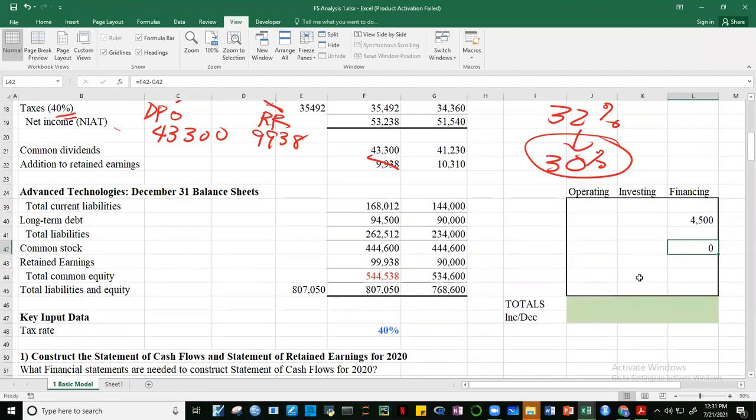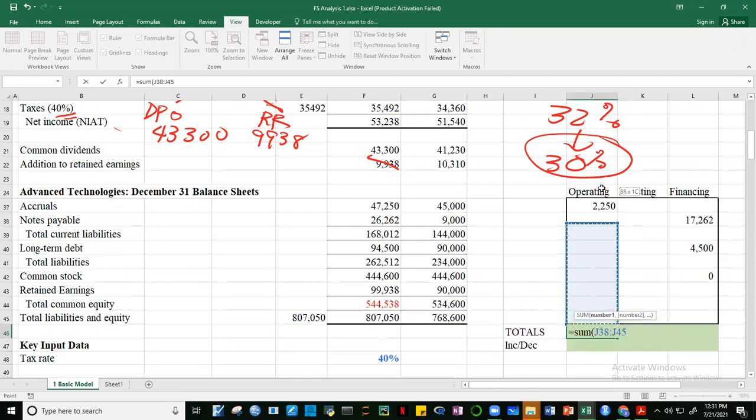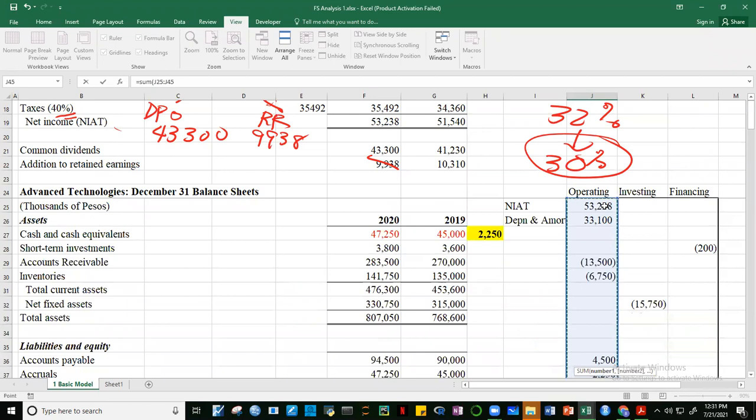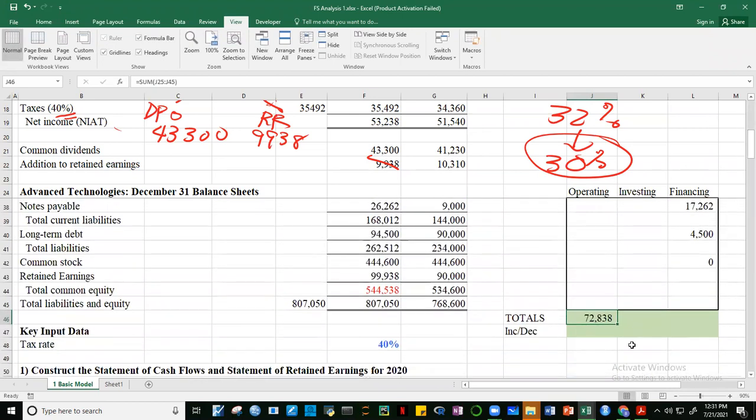Okay, so we can now add this. Sum up natin ng lahat ng operating. Okay. So 72,838, it means that si operations nagbigay ng cash, source of cash na 72,838.